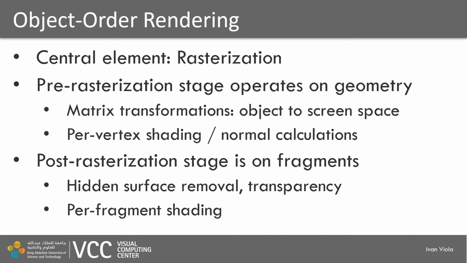Before we perform the rasterization, there are certain stages which are referred to as pre-rasterization stages. These pre-rasterization stages naturally would have to prepare the geometry so that it is ready for rasterization.